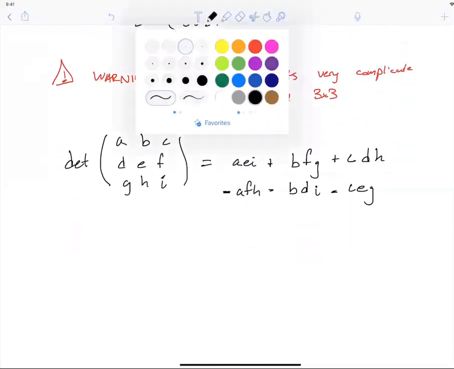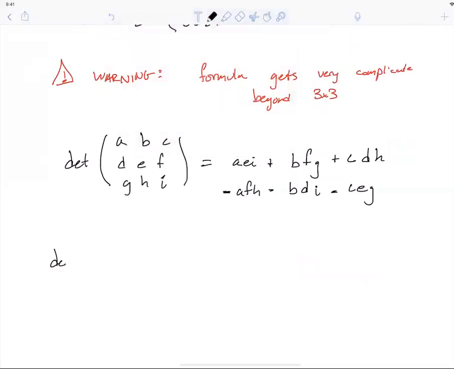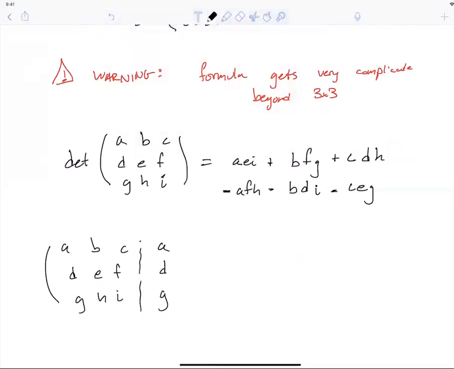There's one way of doing this, which is to just duplicate the first columns. And then the positive diagonals here give you the terms that you're going to add.